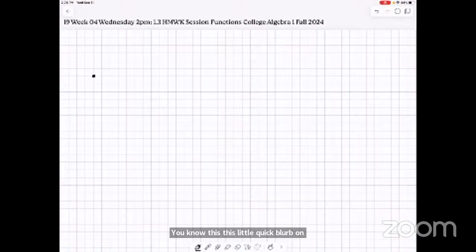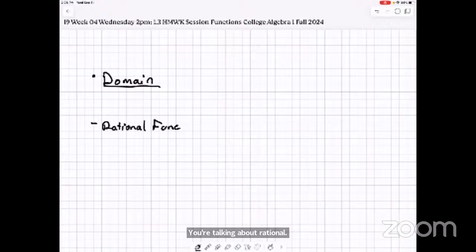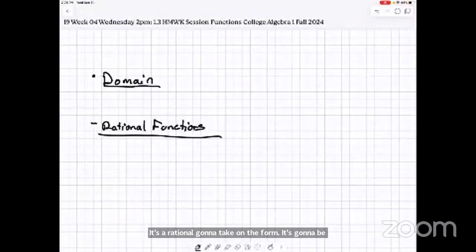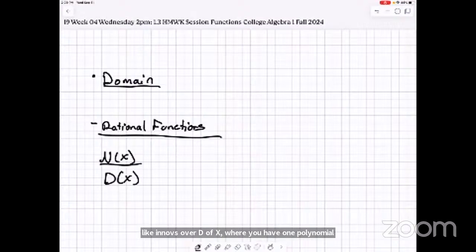We'll let the first one be if we're talking about rational functions. A rational function is going to take on the form n of x over d of x, where you have one polynomial divided by another polynomial, where the denominator polynomial is not equal to 0.